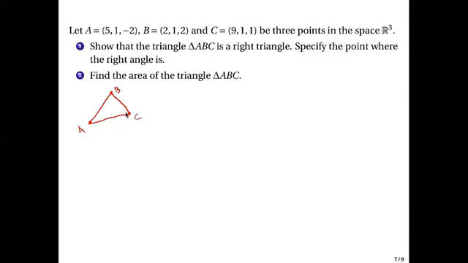I'm not sure if the right angle is at C or at B or at A. You have to find it. And in order to find that, you consider two vectors, either A to B and A to C, or B to A and B to C, or C to A and C to B. Okay?